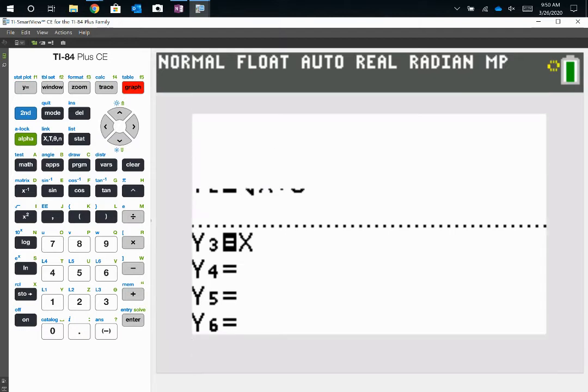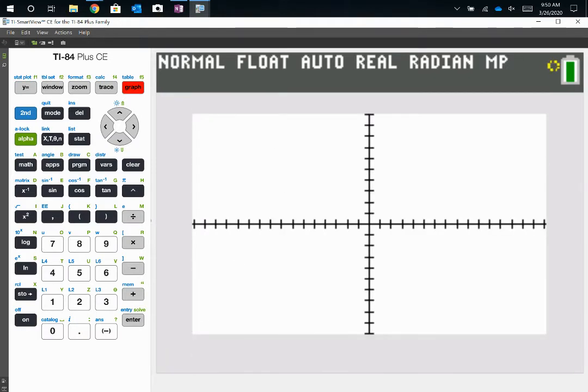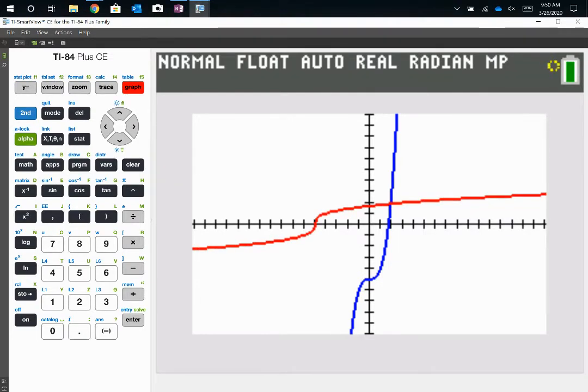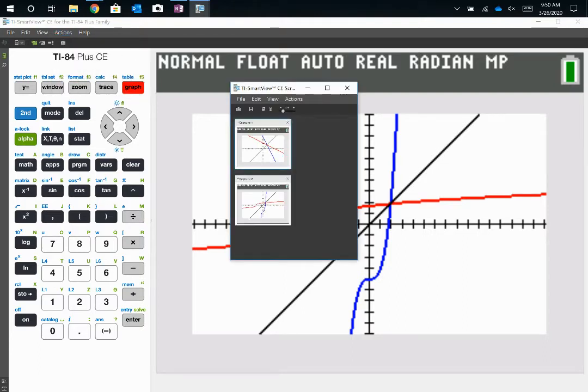And let's look at this graph. See the beautiful symmetry there? We're going to go ahead and capture this and put it into our notes.